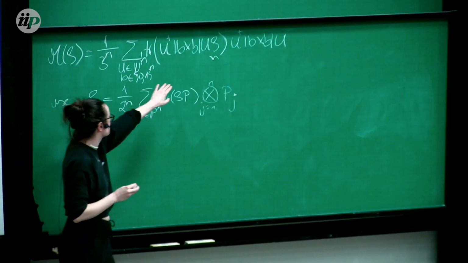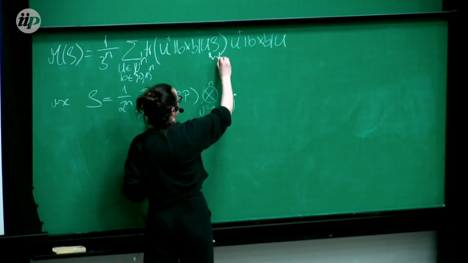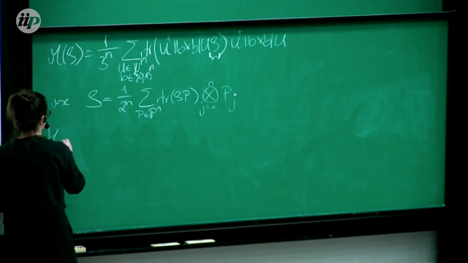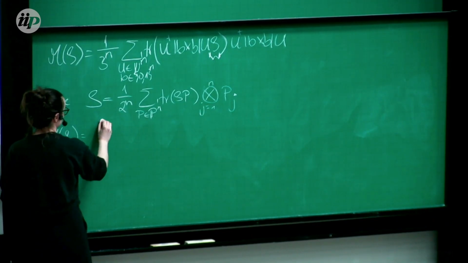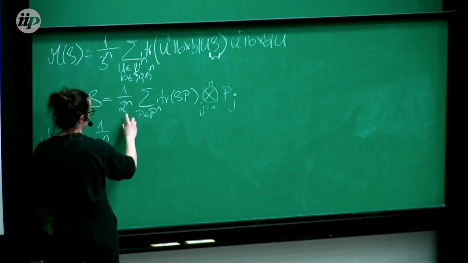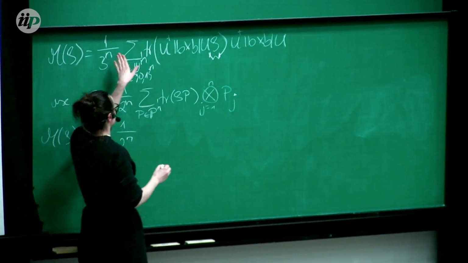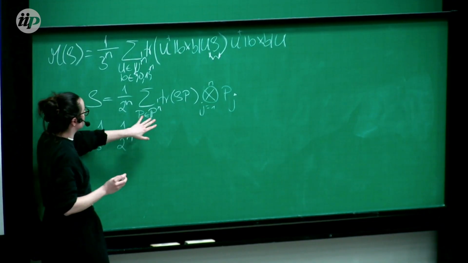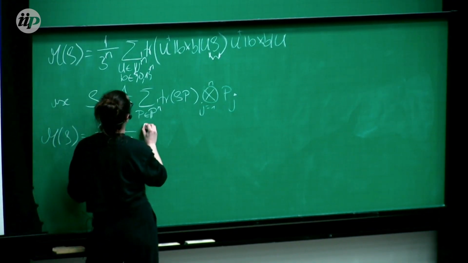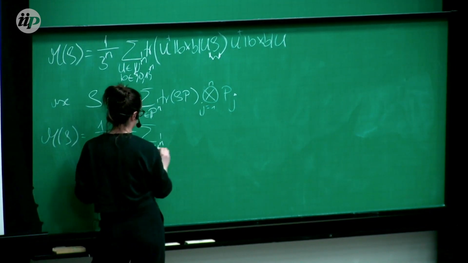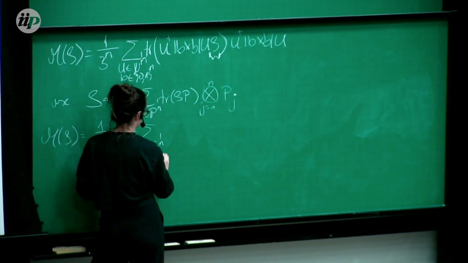Now we can insert this in here. So instead of rho, we write this sum here. 1/3^n. And I will pull out this factor already because of linearity. So then we have the sum over U, then all my bit strings.